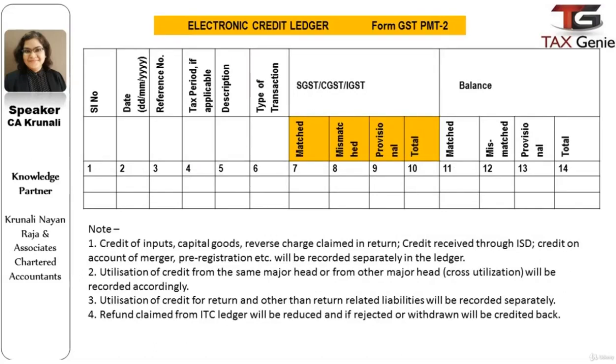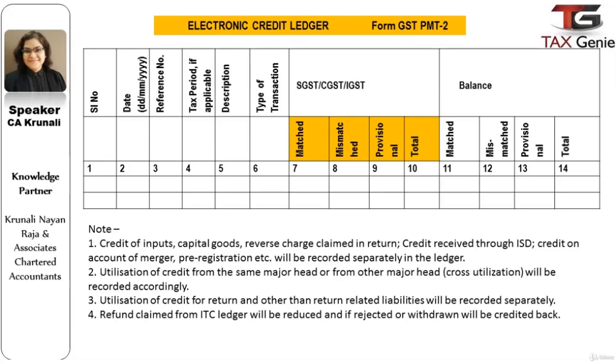Now let us quickly look at how the electronic credit ledger, or form GST PMT-2, would look like. It would include details like serial number, date, reference number, tax period, description, type of transaction, details of CGST, SGST and IGST paid, and further categorized into the matched taxes, mismatched taxes, provisional taxes and the total amount of taxes paid.